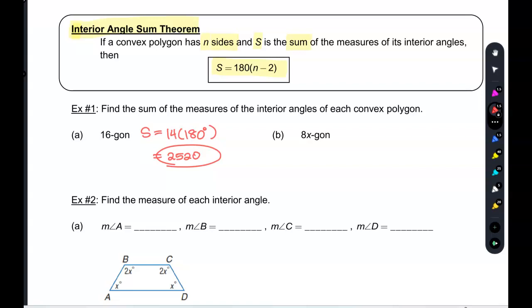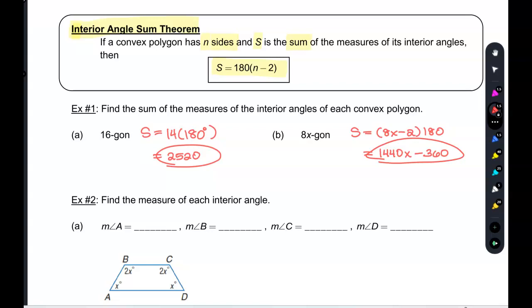So I'm going to have 8x minus 2 times 180. What are we going to do for this? We're just going to distribute. So 8x times 180 is 1,440x minus 360.